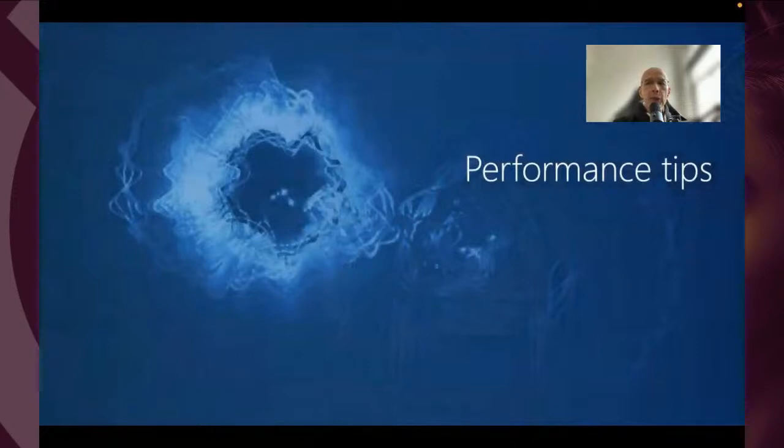So let's see performance tips. I mentioned before that motion sickness is something that we need to care about when writing this kind of application, especially with virtual reality. When you develop a virtual reality application, you need to have your experience running at 90 frames per second if you are running on an Oculus Rift device, for instance.